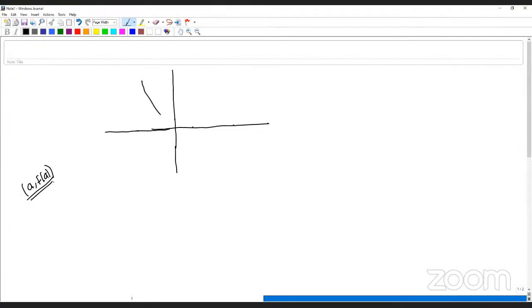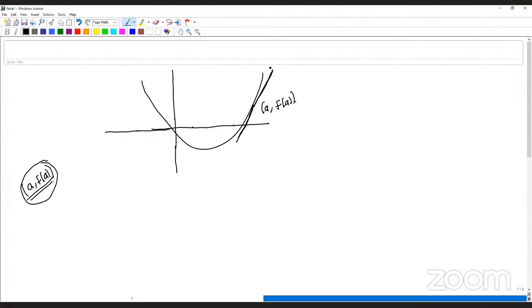So let's say this is a comma f of x. The slope of the parabola at this point will give you the slope of the line which is tangent to the parabola at that point.